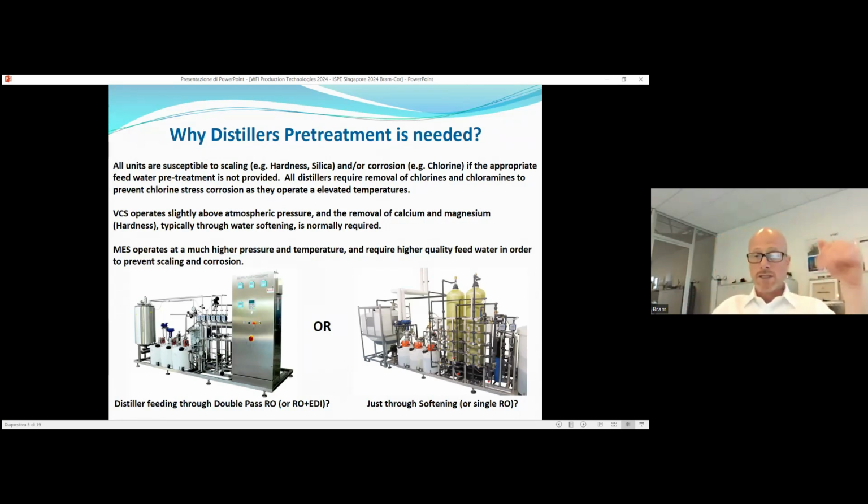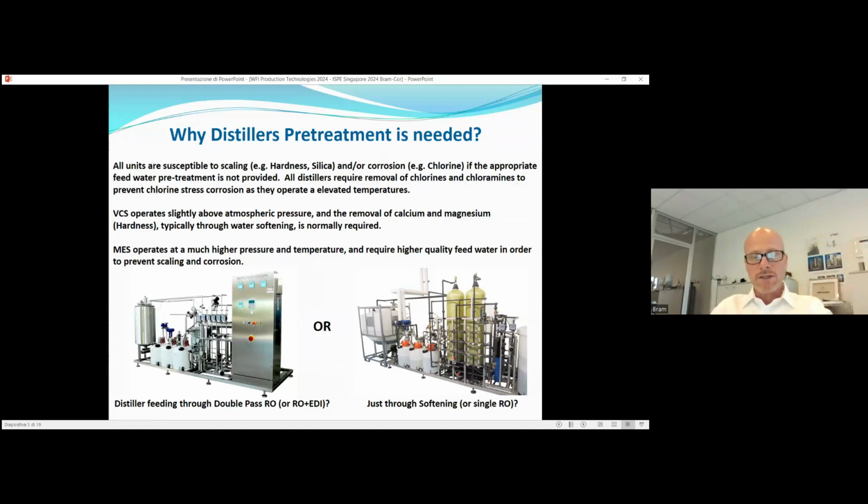So the main difference between the distillers is that the vapor compression distiller is operating slightly above the atmospheric pressure, so we can consider it an atmospheric machine, and it's quite more tolerant, as we have seen in the previous slide, in the feed water characteristic.